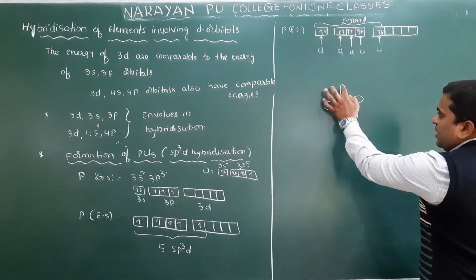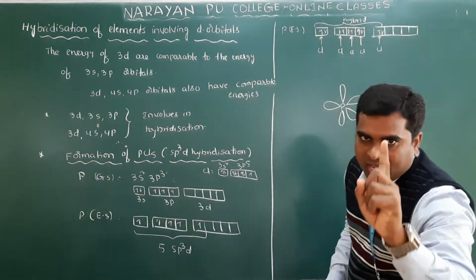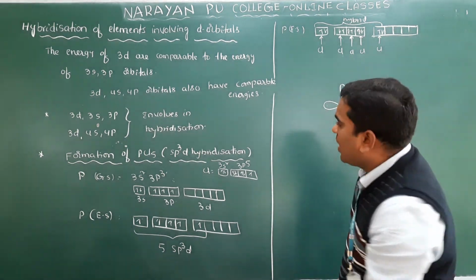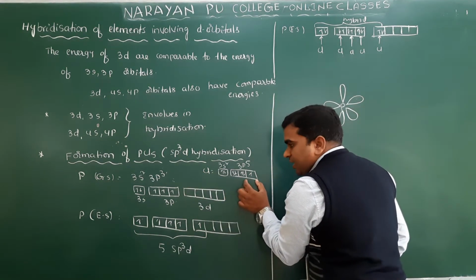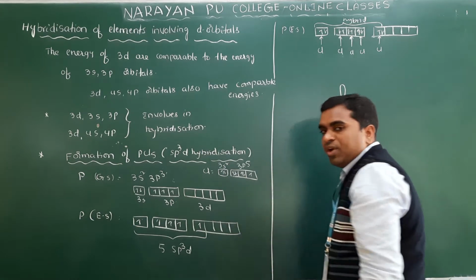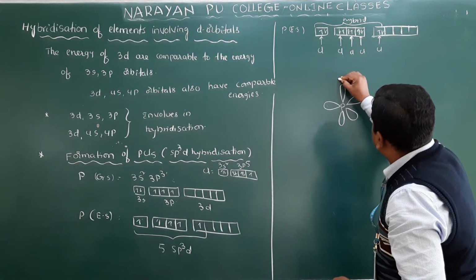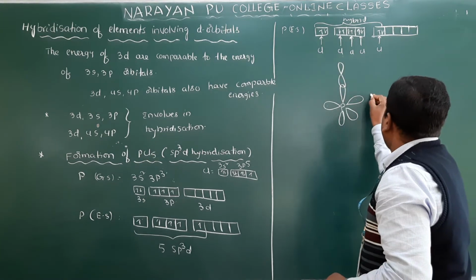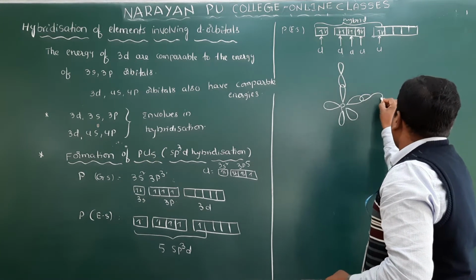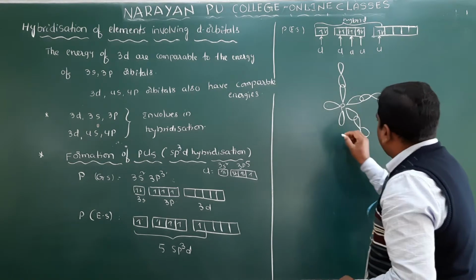Chlorine also has a half-filled p orbital, and these two overlap. This is the p orbital of chlorine, and this is another p orbital of chlorine.